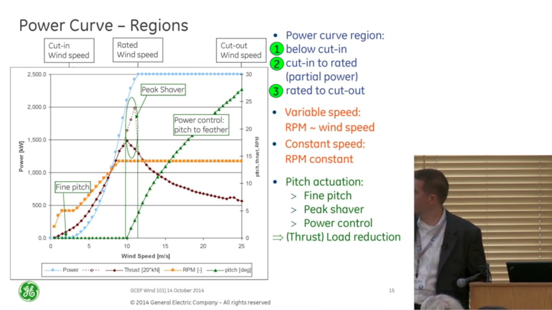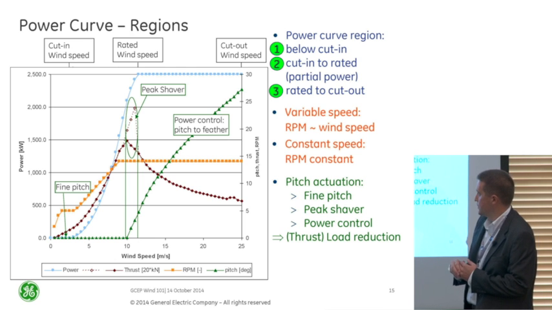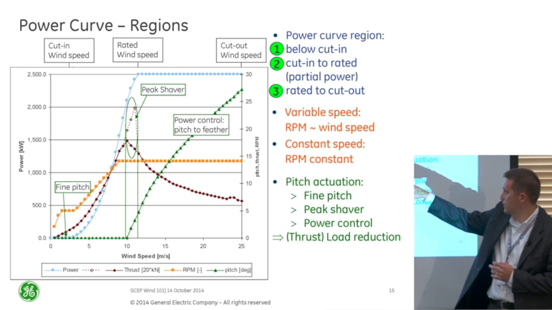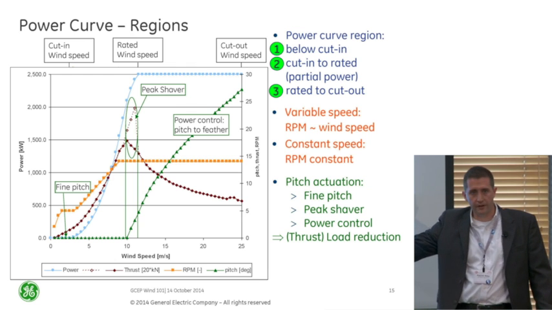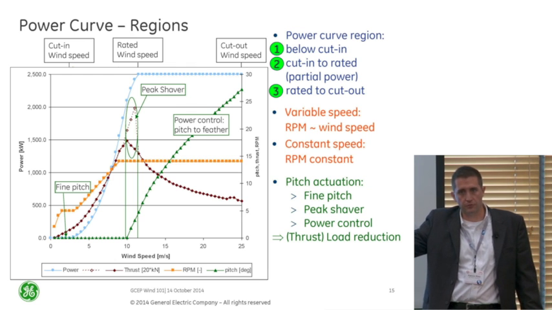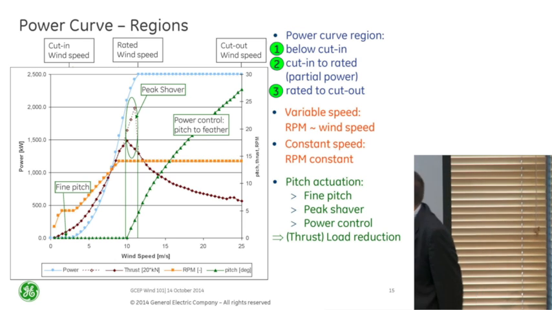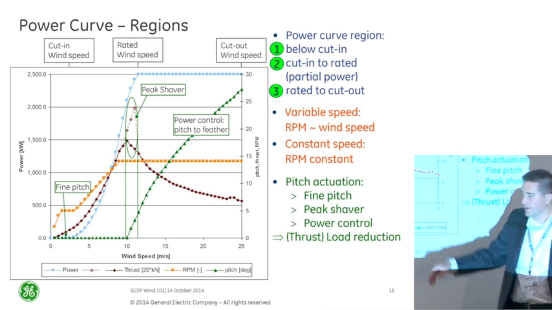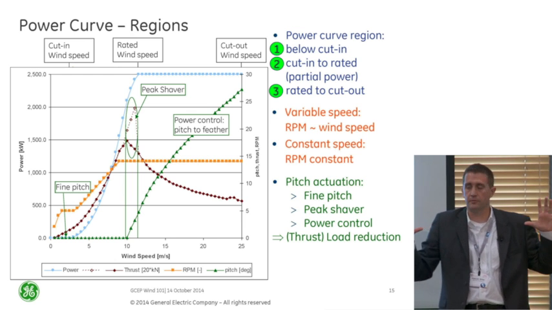If I look at a couple other pieces, pitch actuation is in the green. My pitch actuation is what's happening with my blade pitch. All the way up, I'm very finely pitching it to make sure that I have really good aero CPs. Then I get to a point, in this case 10 meters per second, where I say, okay, I'm going to start to feather out and make sure I handle some of these loads.